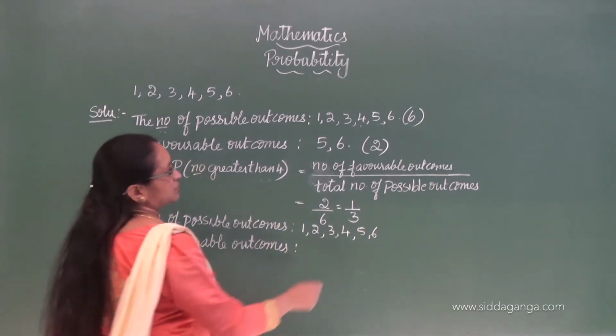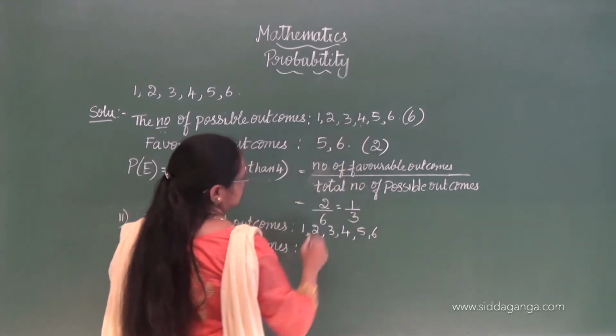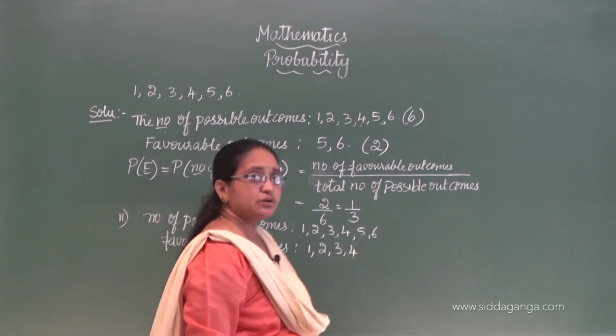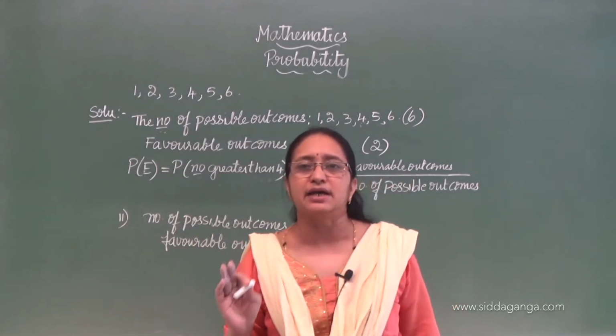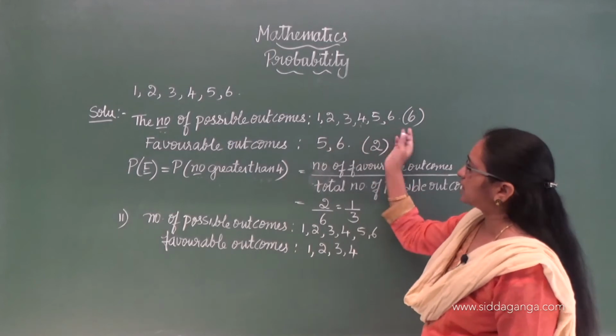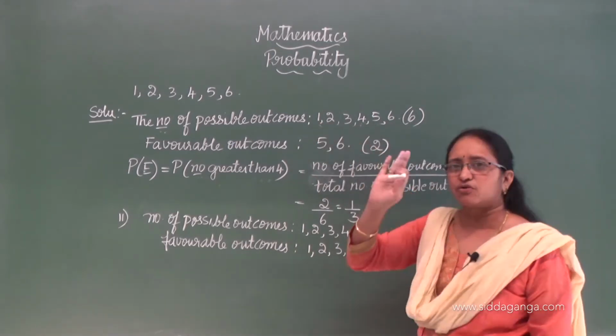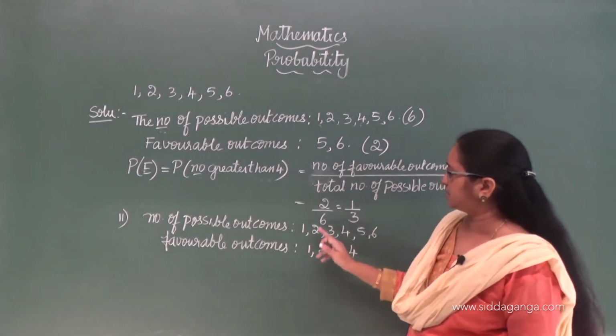Which are the favorable outcomes? Less than or equal to 4, so 1, 2, 3, 4. Though you can mentally calculate this, so we know the answer, that is this denominator will be 6 and numerator will be 4. Definitely we know without doing anything.